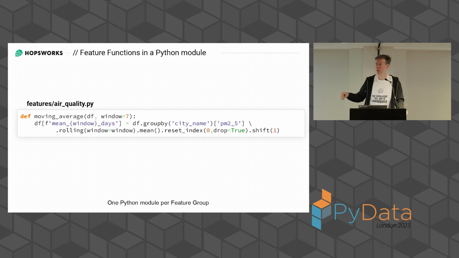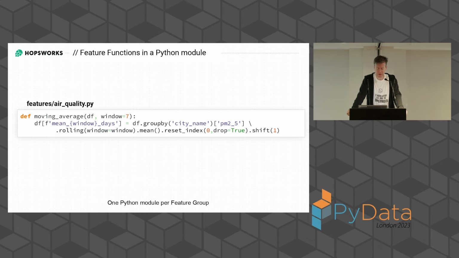Even if I have a notebook as my feature pipeline, I can put all of the feature computations in a function, in a package. I've got a package called features, and then I have this module called air quality. If it's in a separate package with a module, I can write unit tests for it, right? Which is good. And unit tests will say, well, if somebody changes the definition of the moving average feature, maybe my unit test will warn me and say, hang on, you can't just change this because this will break all of the models that are dependent on it.